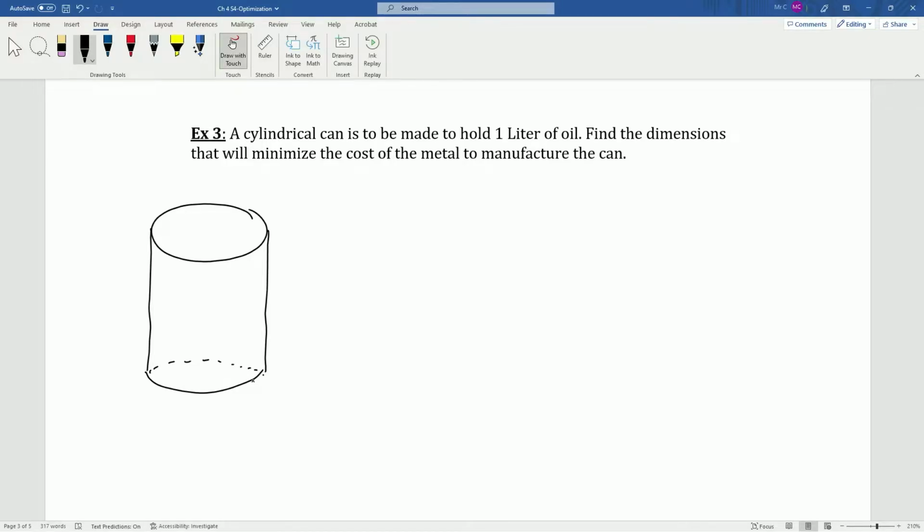Now, we are making some assumptions here, but we're going to assume that the metal on the top, bottom, and sides is all the same thickness, same metal in general, which means that minimizing the cost is equivalent to minimizing the quantity of the metal. And what is the quantity of the metal?